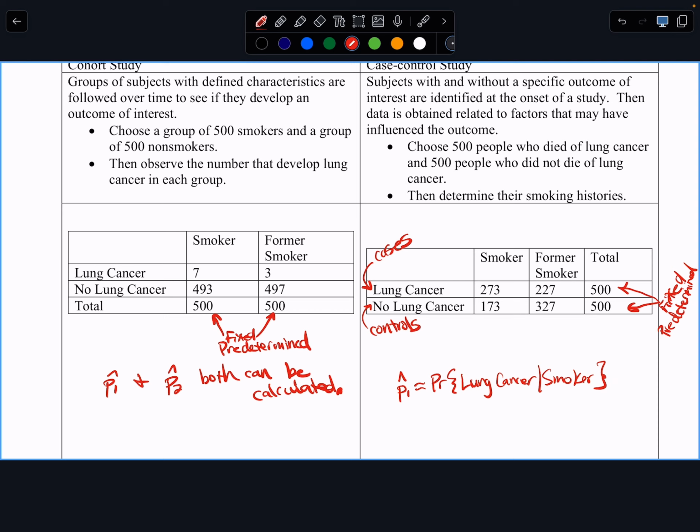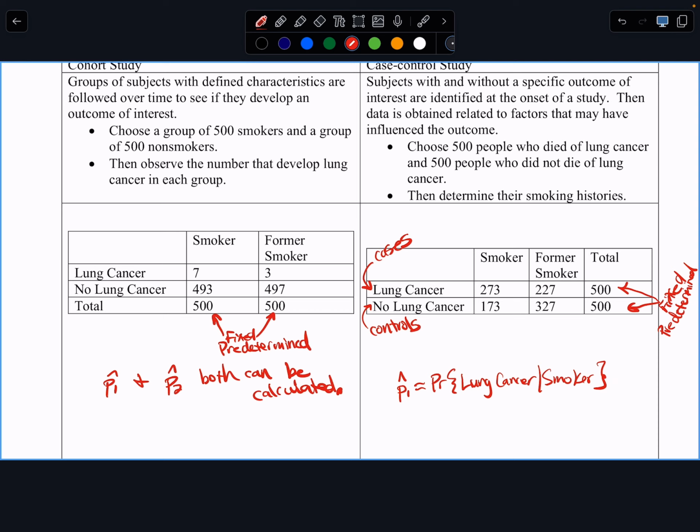But in this case here, I don't have the total here. It would be 273 divided by this total of 273 and 173, that total there. But I don't want to estimate that, all right?